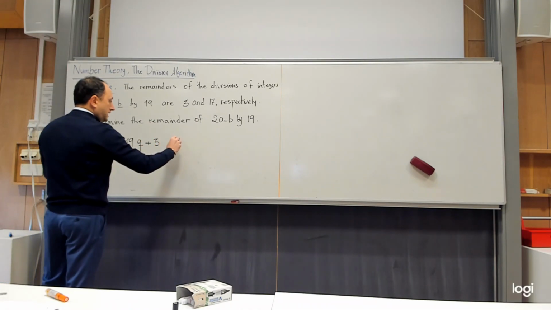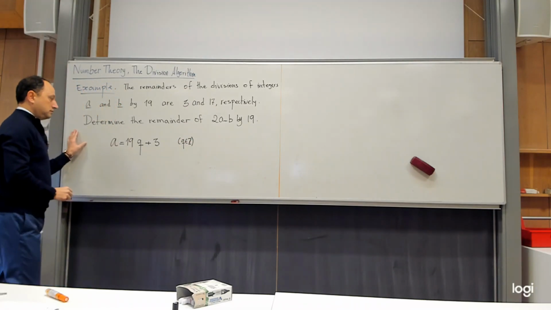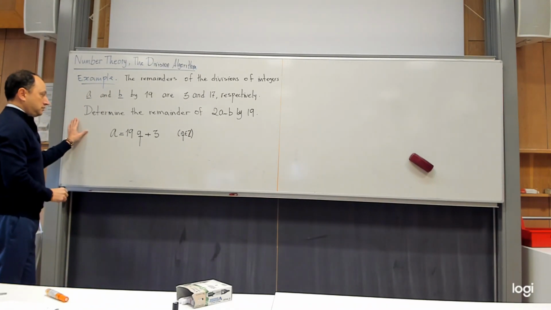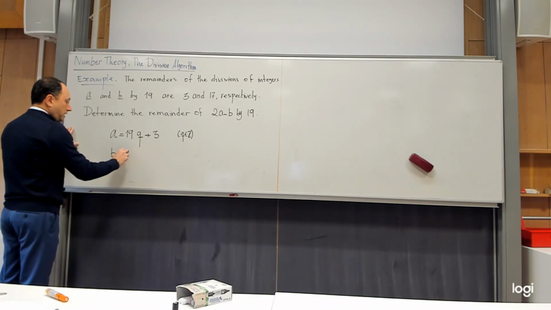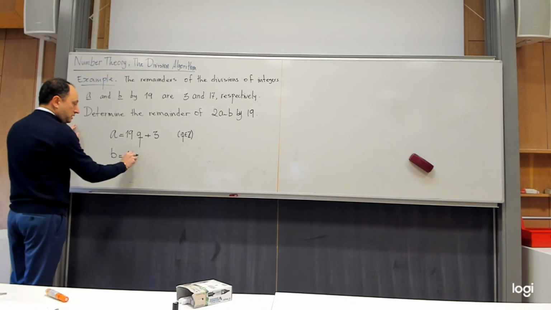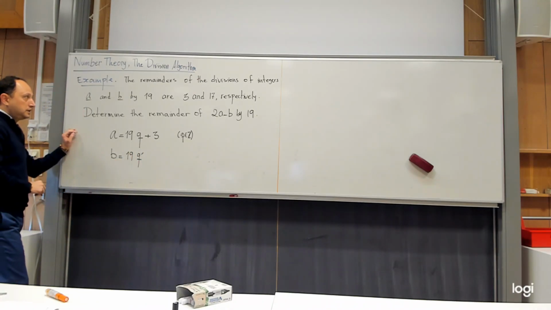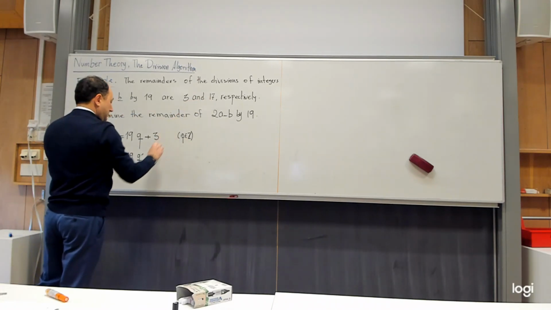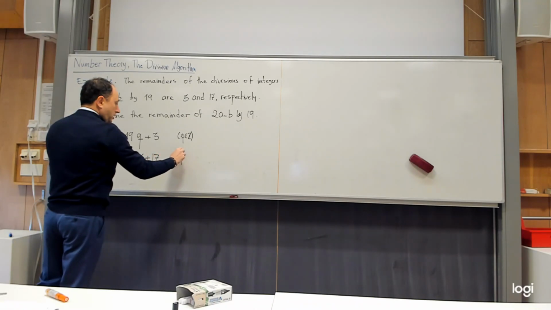Of course, q is an integer. And we also know that if I divide b by 19, I don't know what the quotient is. I'm not allowed to use the same letter, so I just use q prime, for example. But the remainder is 17. What I know is just q prime belongs to Z. That's what I know.